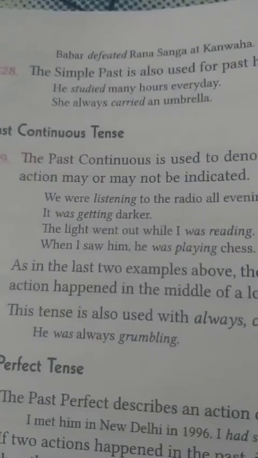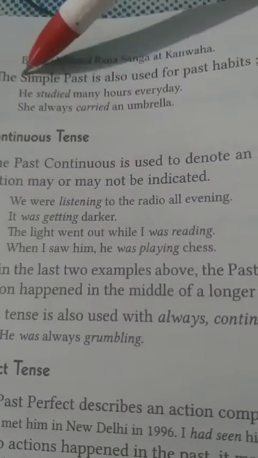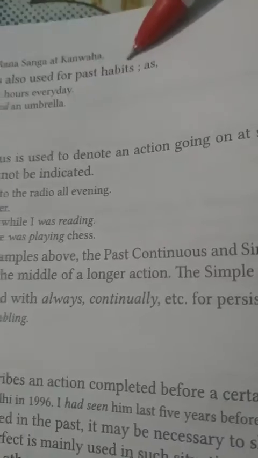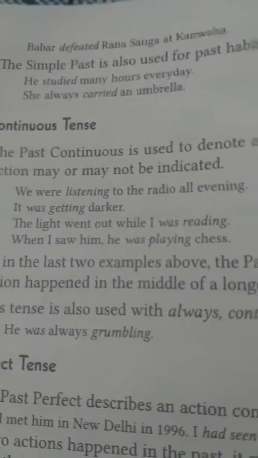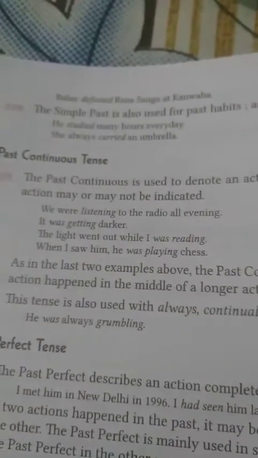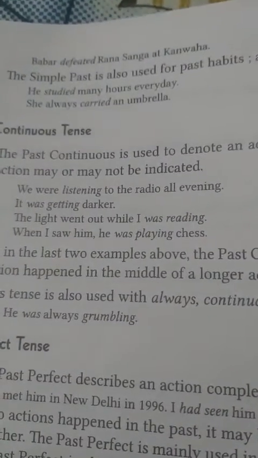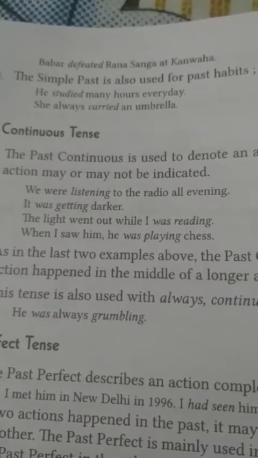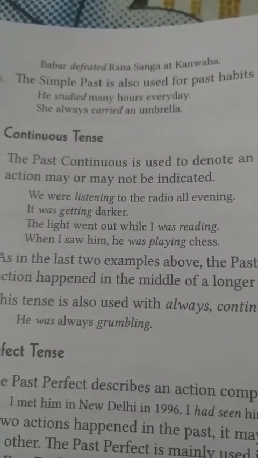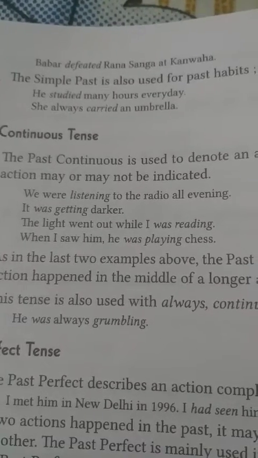Then the third use of the simple past is for past habits. When we tell a habitual action of the past, then also we use simple past tense. The structure of simple past tense is subject plus verb second form and then object.